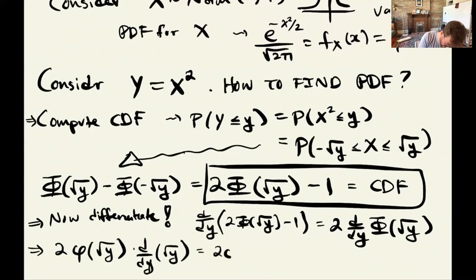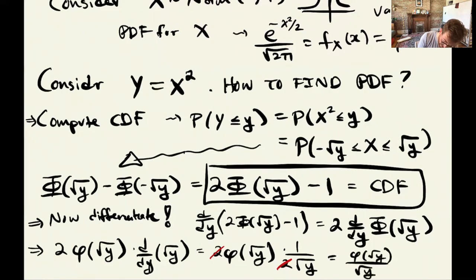This ends up giving us 2 phi of square root of y times 1 over 2 square root of y. We get a little bit of cancellation going on here, and so we end up getting little phi of square root of y divided by square root of y.